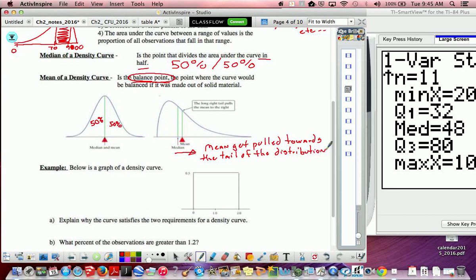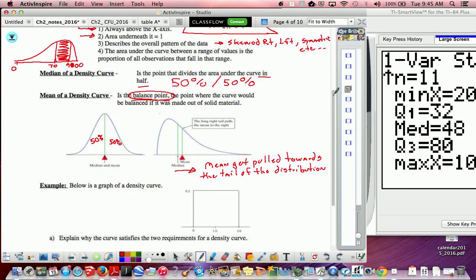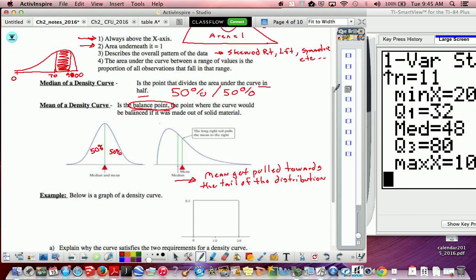So when I see a distribution that's skewed to the right, the mean will most likely be higher than the median, barring outliers, of course. If it's skewed to the left, the mean's going to be lower. That's why when students ask, what was the class average of the test? It's not really an accurate measure, because the mean's going to get pulled away from the median.